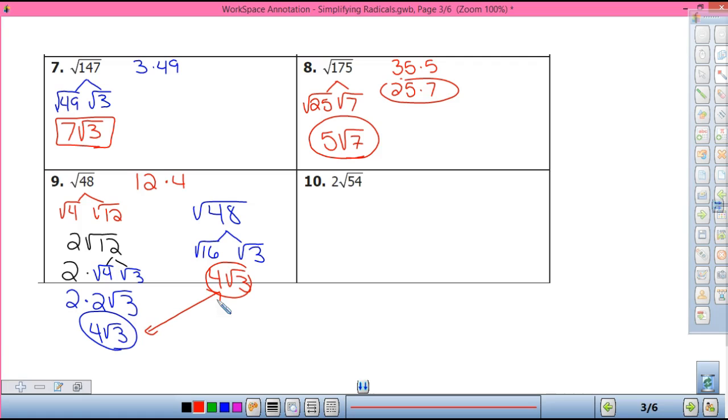All right, so when we are doing number 10, I want you to ignore the 2 out in front, and just reduce the square root of 54.